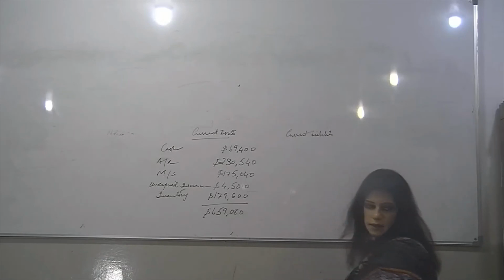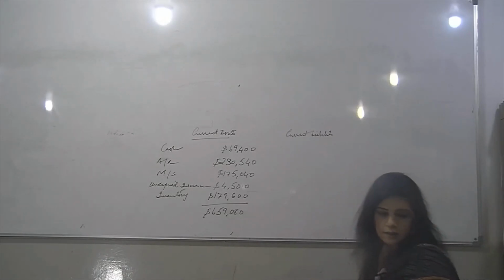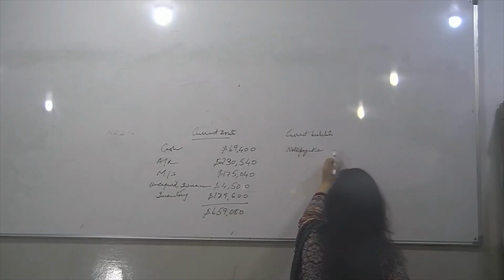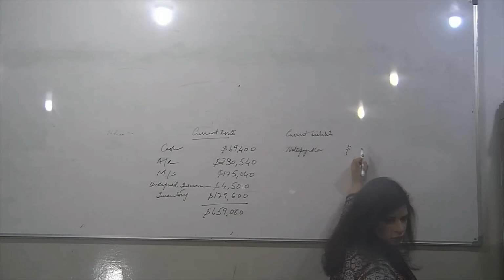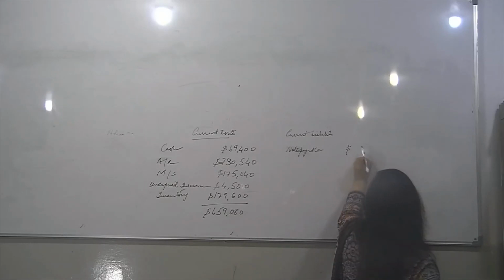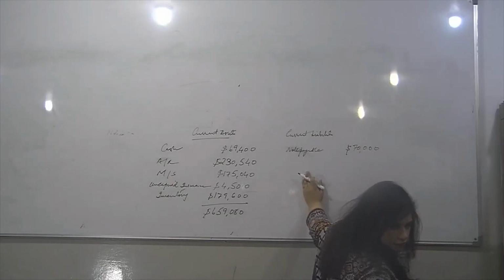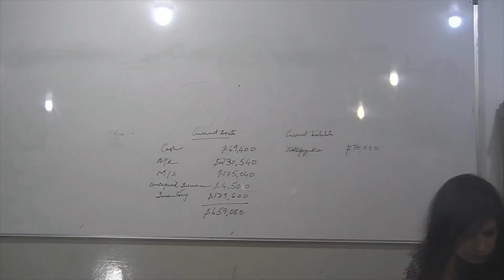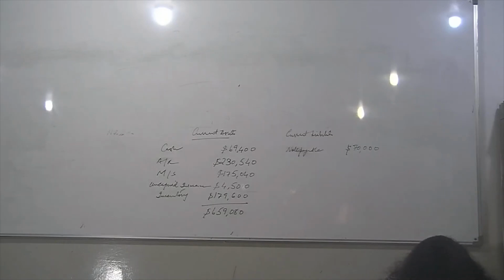Then comes the liabilities. We have note payable within 90 days, 70,000. That's note payable. Then we have accounts payable, $128,100.